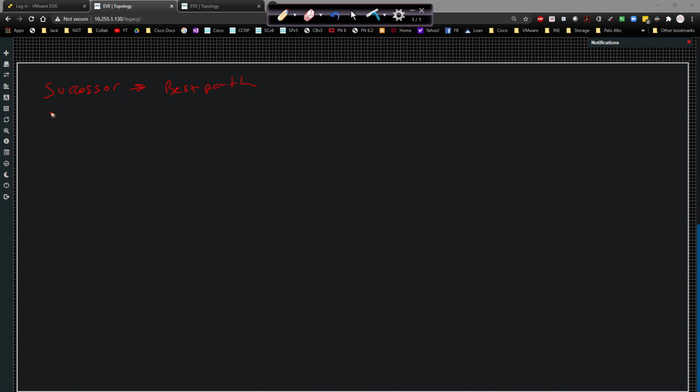You have the feasible successor, which is going to be a composite metric of the best path. In other words, a backup path. The next one we have is going to be the feasible distance. This is going to be the composite metric of the best path.